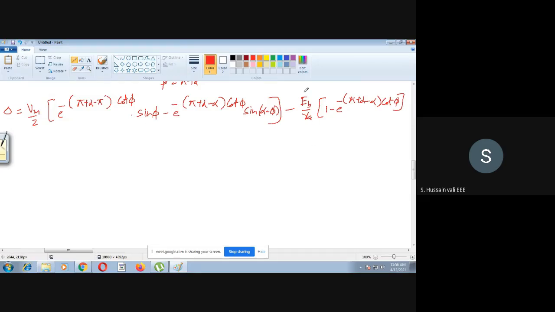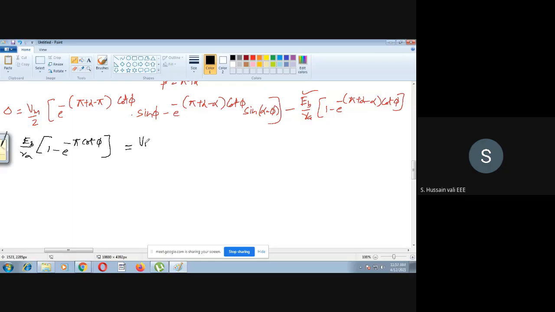Then it becomes alpha cot pi sin pi. So we'll do one thing. We'll find out what is EB from this. So we'll take EB one side, the remaining all to another side. So EB by RA into 1 minus e power minus, here you see this pi plus alpha minus alpha, alpha will get cancelled. So minus pi cot pi. Now you send the remaining towards the right hand side.